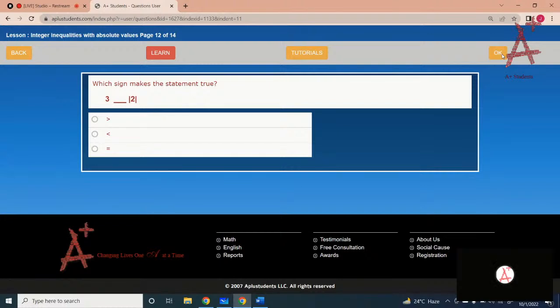Okay, 3 and absolute value of 2. So absolute value of 2 is 2. So 3 is greater than 2. Got it? Select the correct option and click on the OK button.